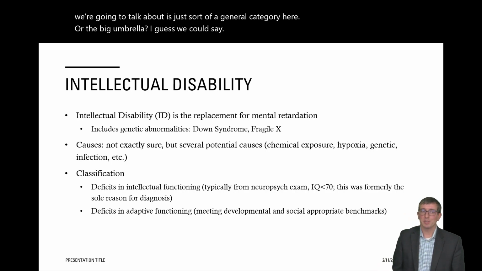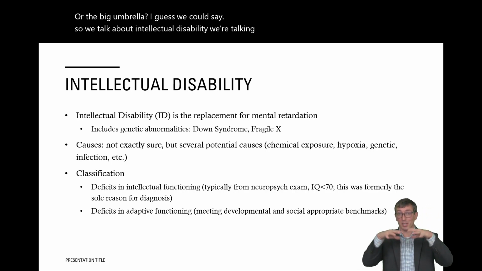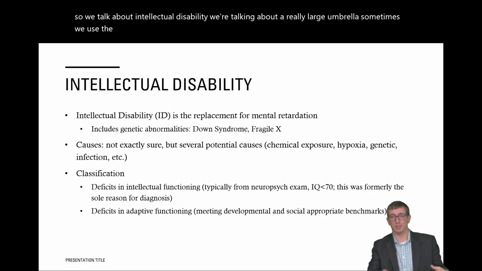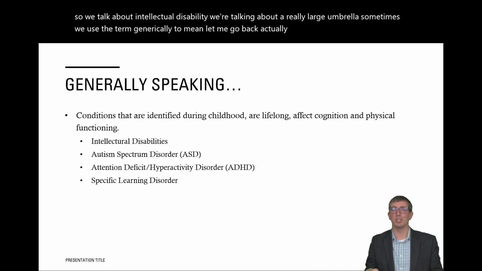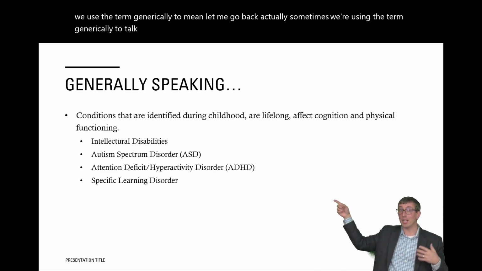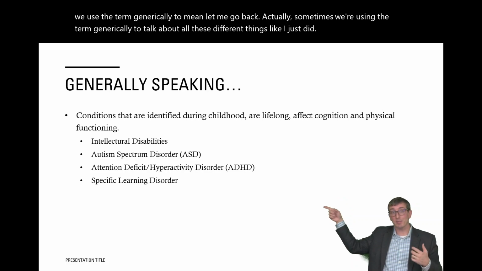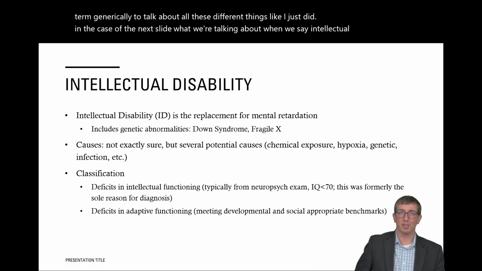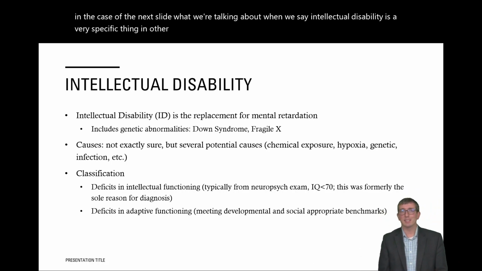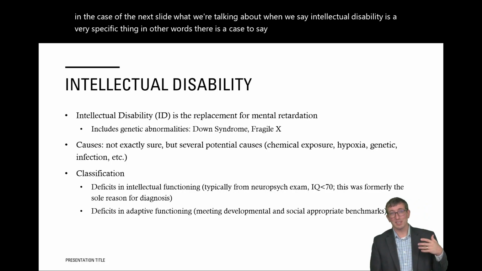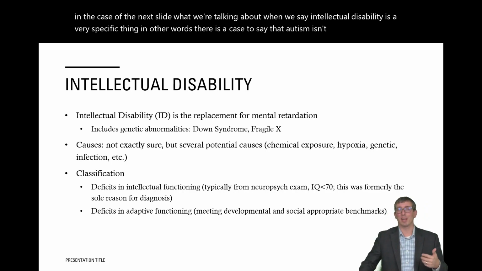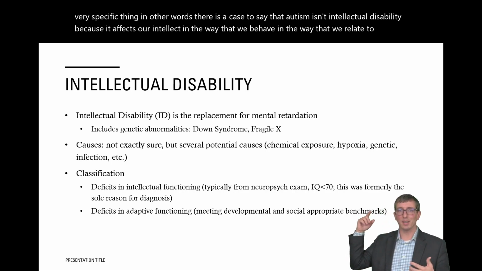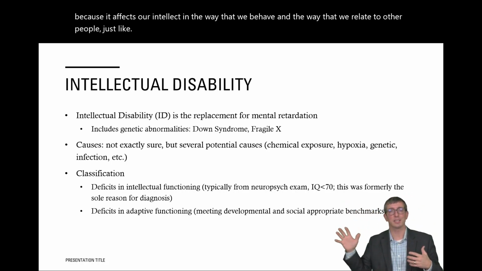When we talk about intellectual disability, we're talking about a really large umbrella. Sometimes we use the term generically to talk about all these different things, like I just did. In the case of the next slide, when we say intellectual disability, we're talking about a very specific thing. There is a case to say that autism is an intellectual disability because it affects our intellect and the way that we behave and relate to other people, just like intellectual disability does in other contexts.